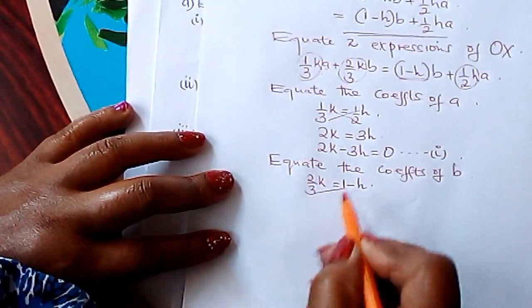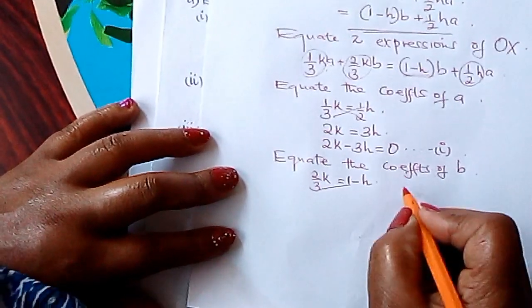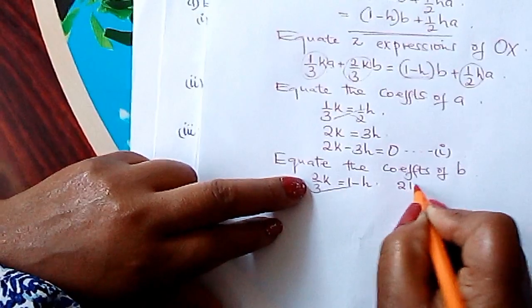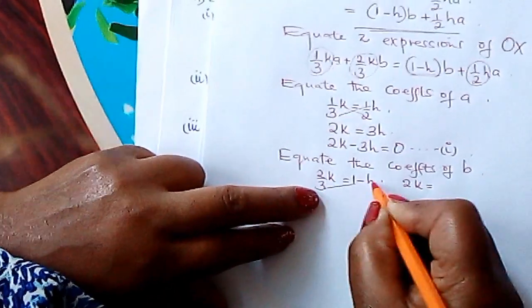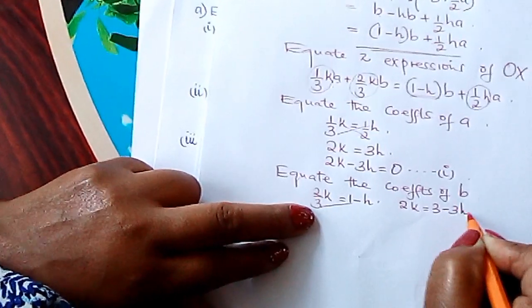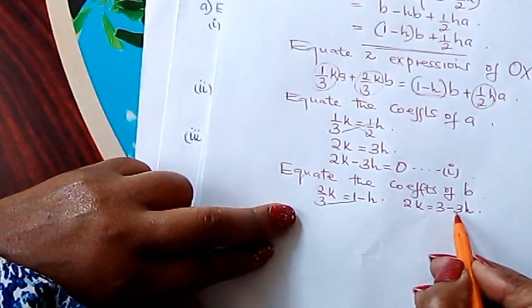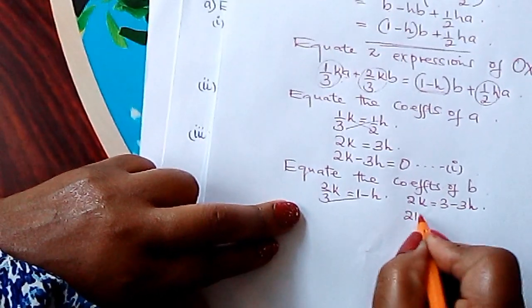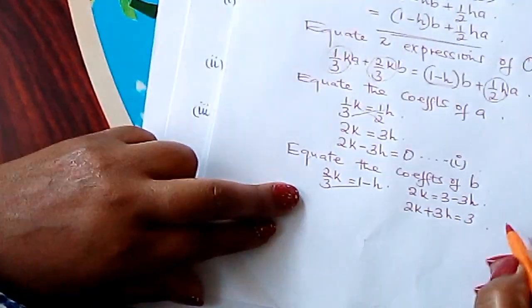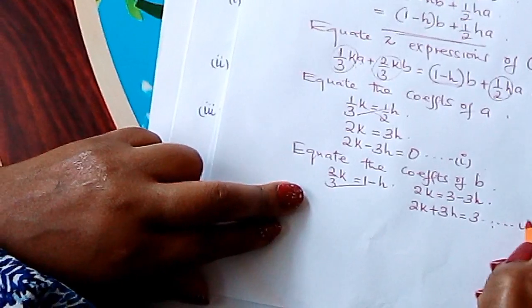Cross multiply to remove the denominator. This will give you 2k is equal to 3, multiplying this will give you 3 minus 3h. Then bring minus 3h on this side, you get 2k plus 3h is equal to 3, learner. Call this equation 2.